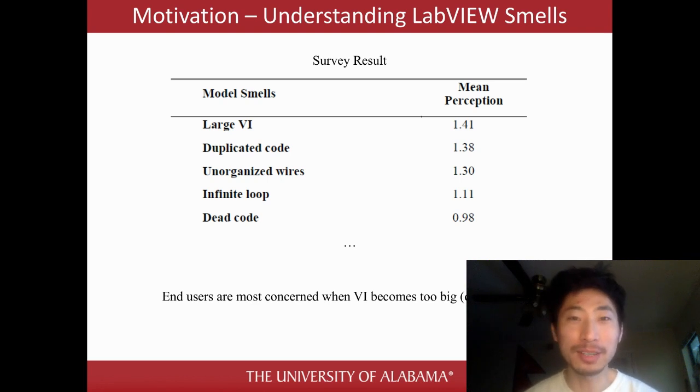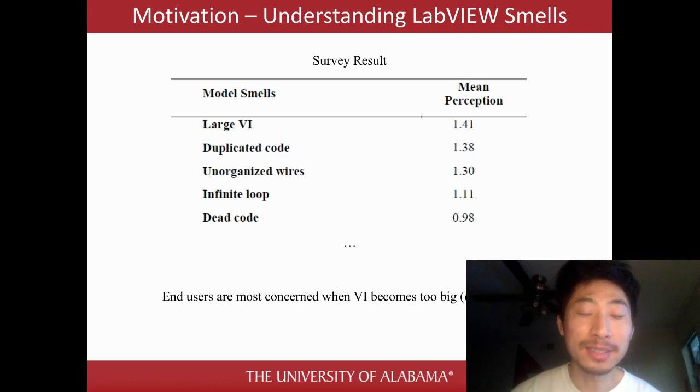The statistical result is shown in the figure, and we can see that large VI has the highest mean perception, which means users agree that large VI is the most prominent model smell.